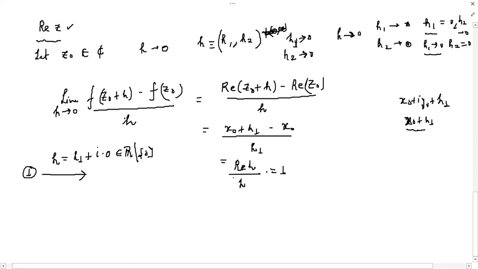So it is the real part of H divided by the real part of H, which, if you cancel, gives simply 1.